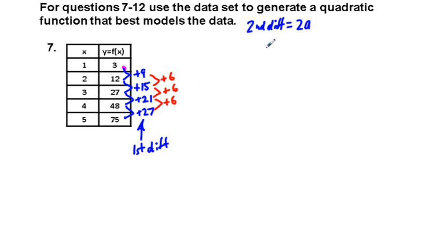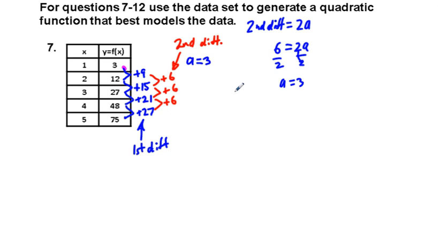So our second difference is 6. I'm going to label that here. Second differences. So 2a equals 6. So dividing by 2, a is equal to 3. Okay, so I'll just put this over here. A is equal to 3.